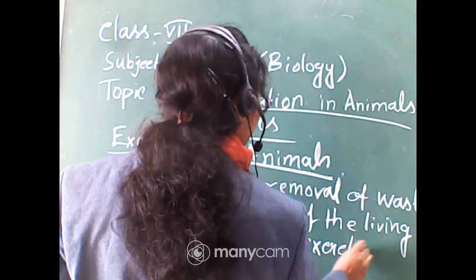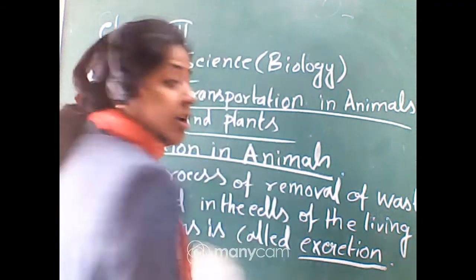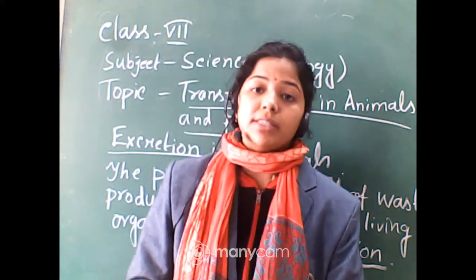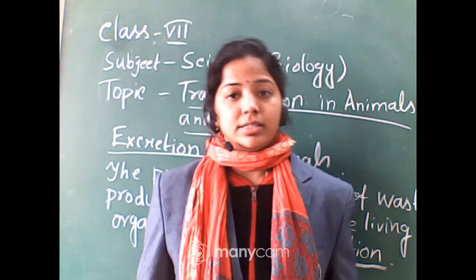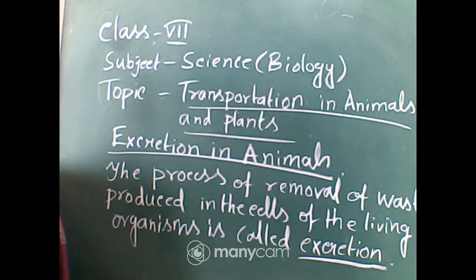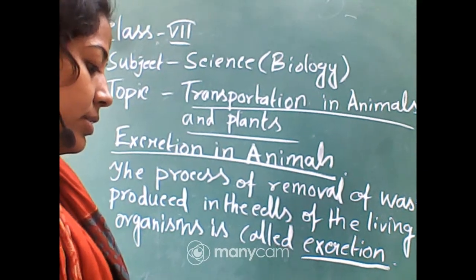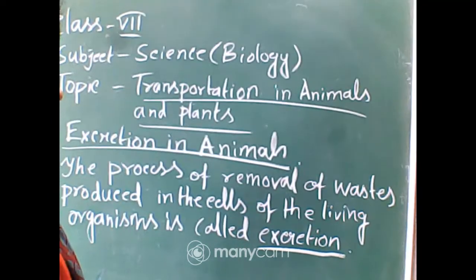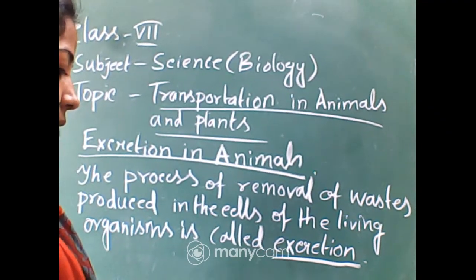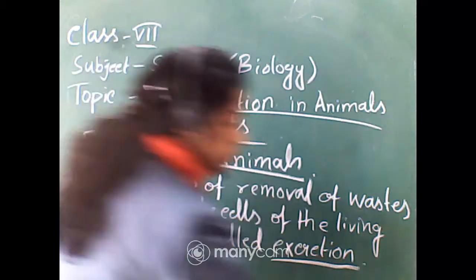Understood, everyone? This is the main definition, and the parts involved in this excretion form a system called the excretory system. Understood? This portion, the process of removal of waste that is produced in the cells of the living organisms, is called excretion. I am repeating this portion.